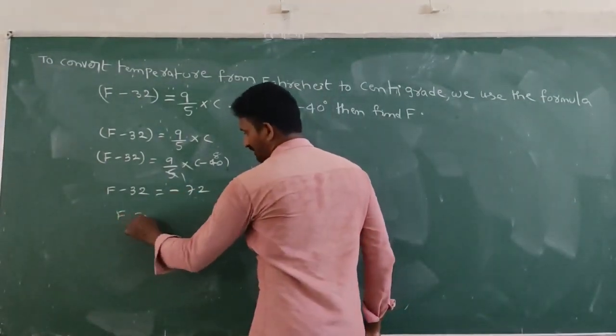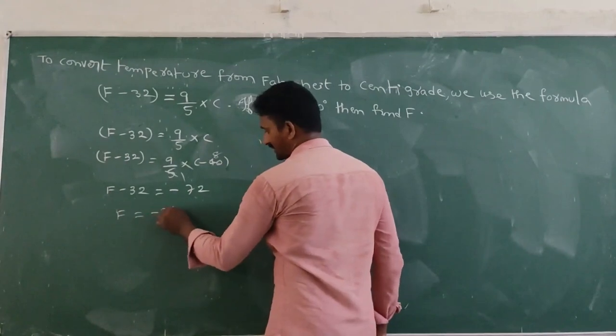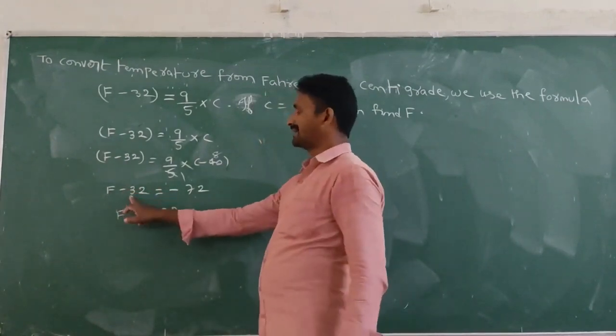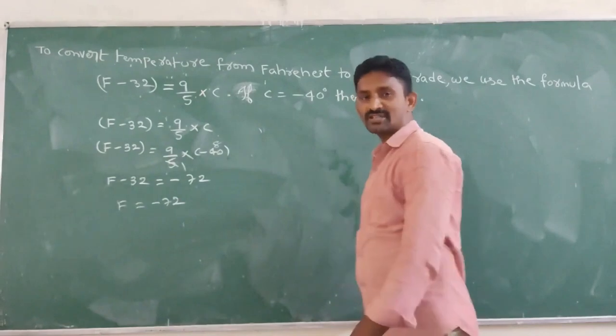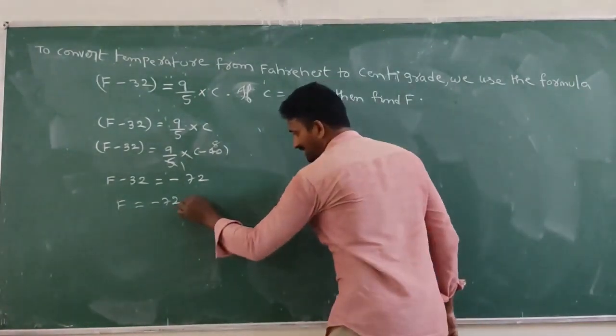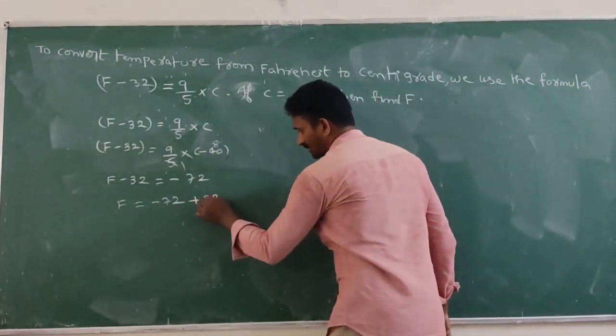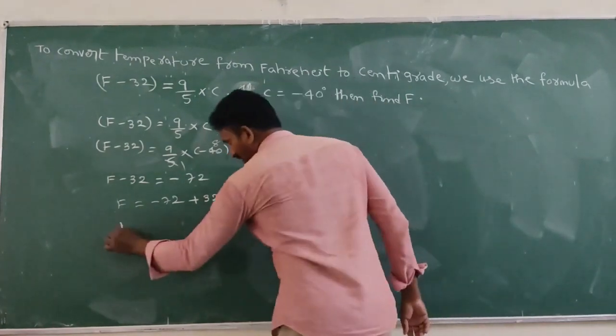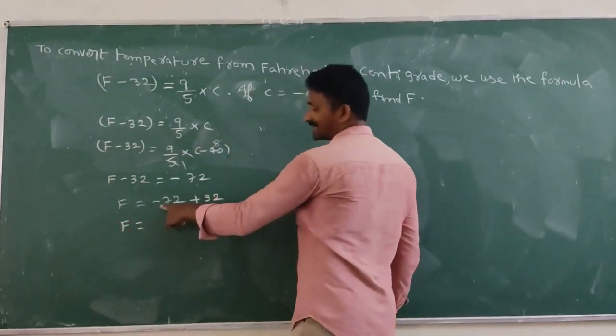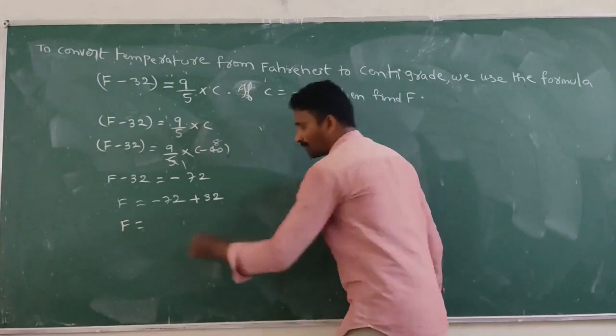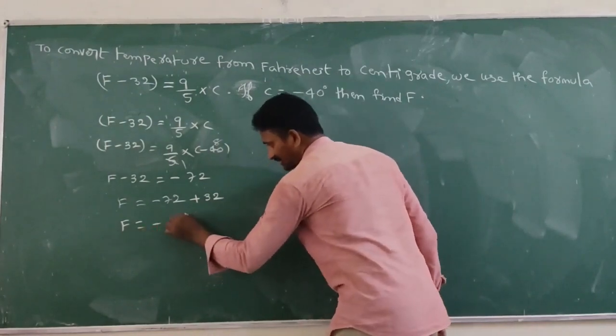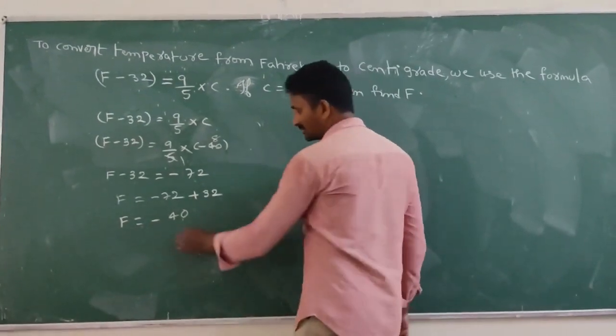F equal to minus 72 plus 32, since minus 32 transposed becomes plus 32. F is equal to minus 72 plus 32, which is minus 40.